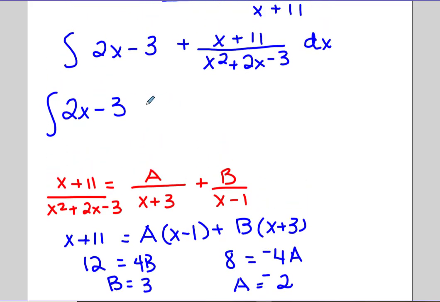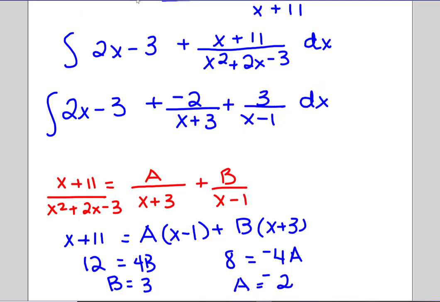And that gives us a negative 2 over x plus 3 and a positive 3 divided by x minus 1 for our partial fraction decomposition.